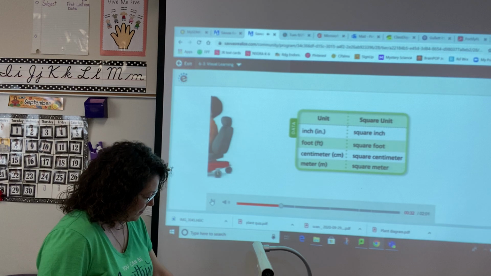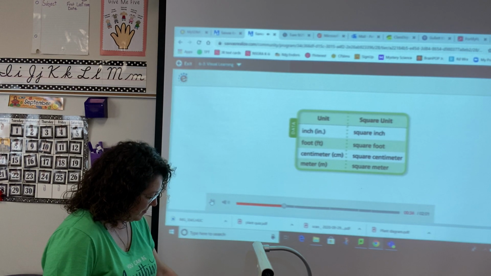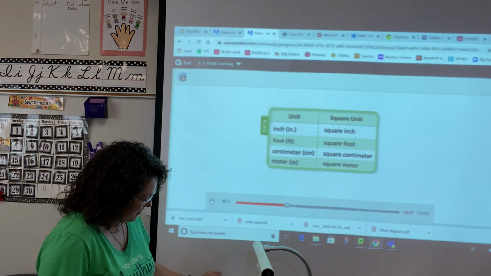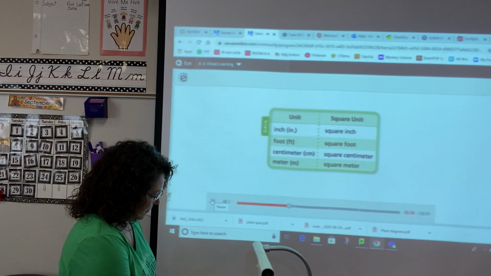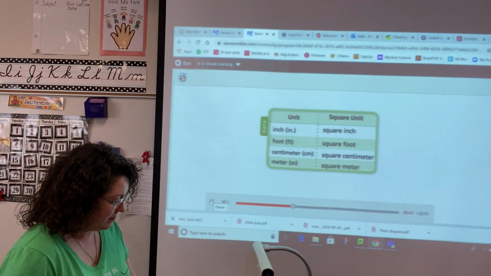Here are some standard units of both length and area. How do the names of the standard units of length relate to the names of the standard units of area?